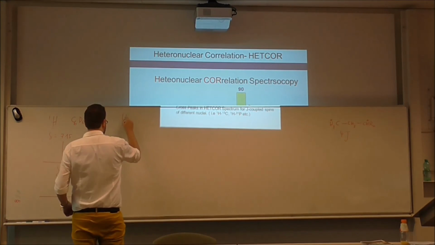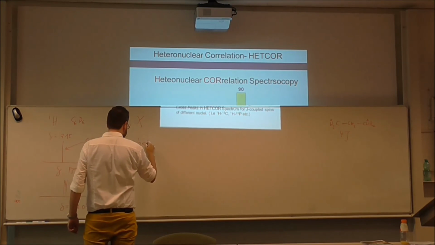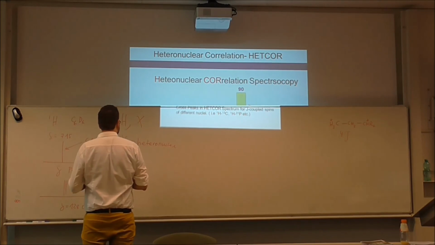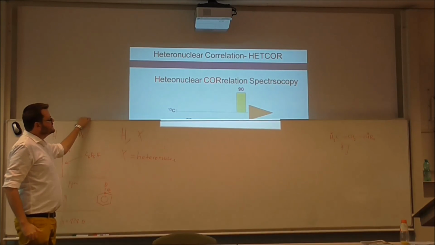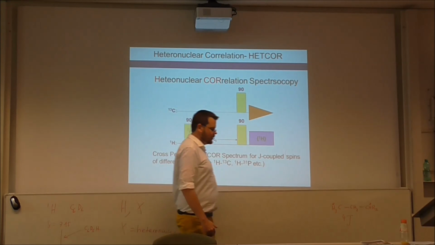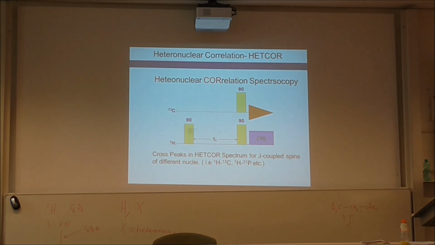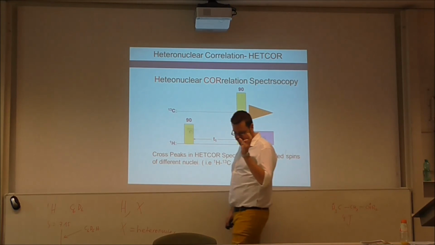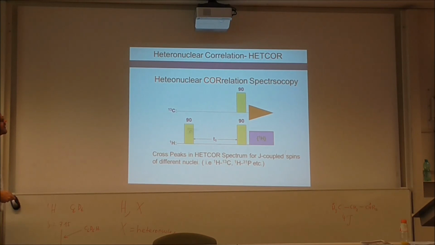So HX correlation, where X is a heteronucleus. Again, you've encountered this in your practical. By the way, I think next year I'm going to do this lecture first, so that you have it as background for the practical.